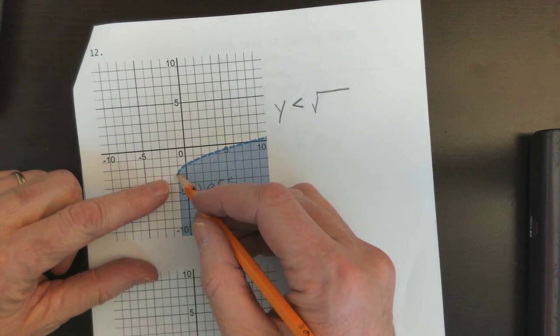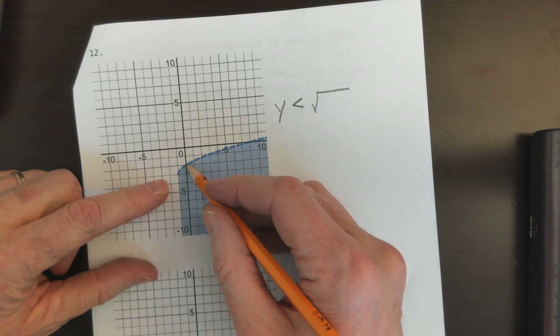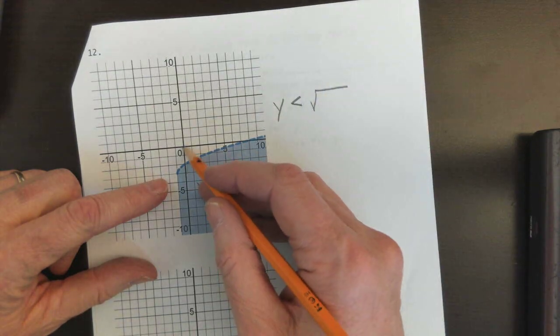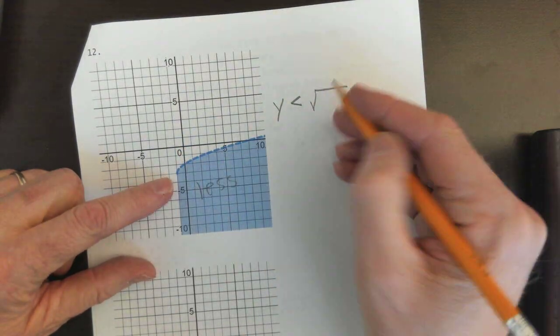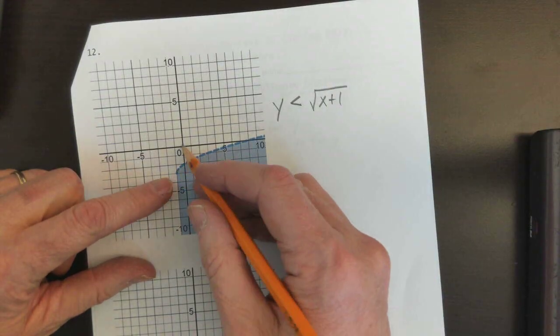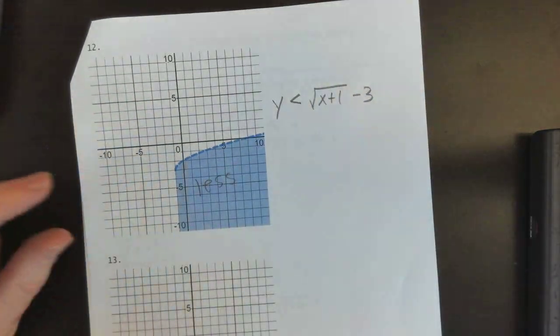Okay. And it looks like I'm going right 1, up 1, just like that first part in the table. But, okay, actually we shifted it 1 unit to the left. So I'm going to go x plus 1 here. And I shifted it 1, 2, 3 units down. So I'll go minus 3 here.